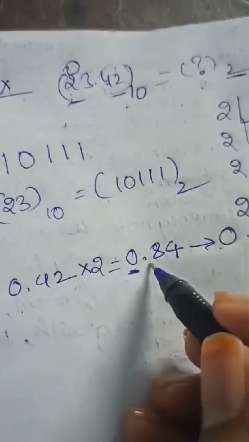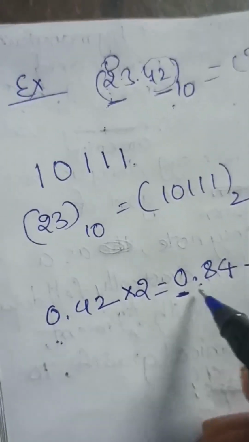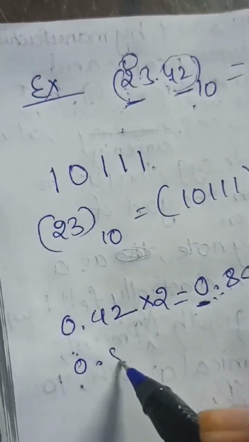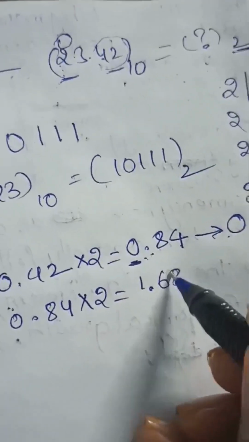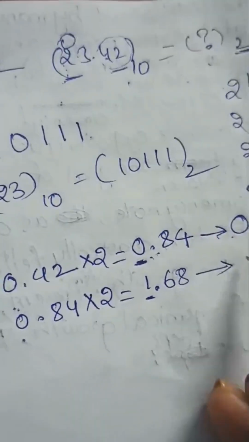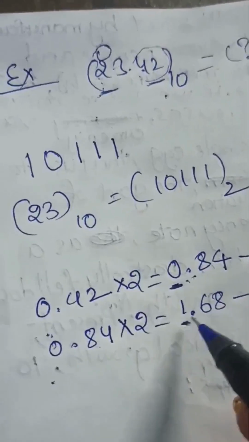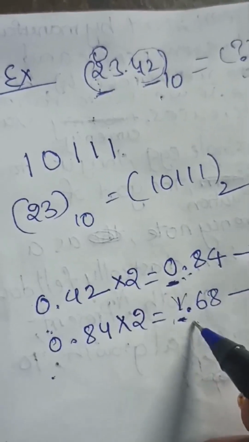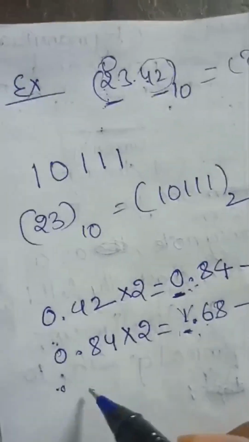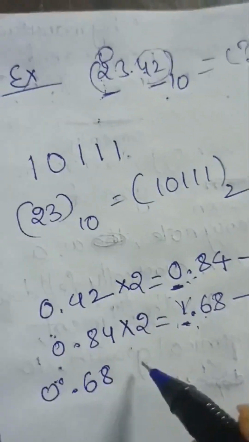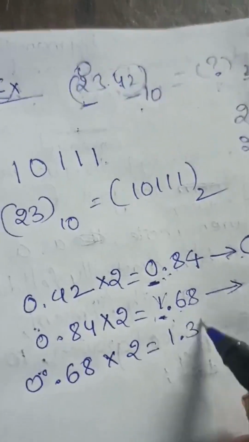Next, the resultant value will be taken. 0.84 into 2 is 1.68. The integer part is 1. Next, we will skip this integer part and write the fractional part, which is 0.68. 0.68 into 2 is 1.36.